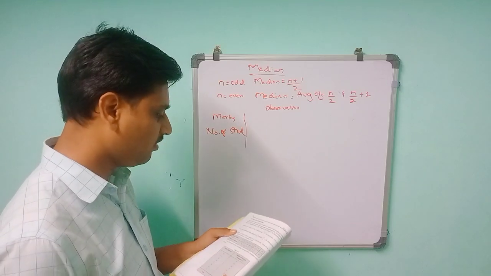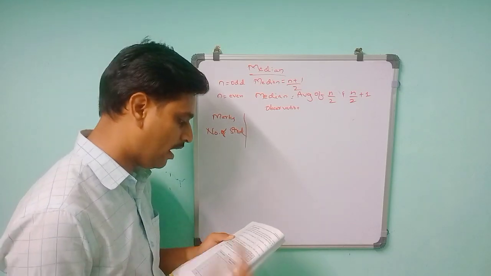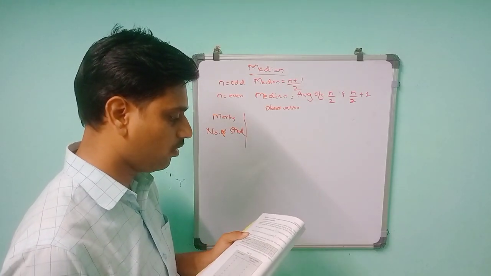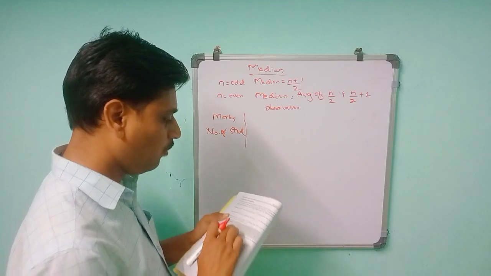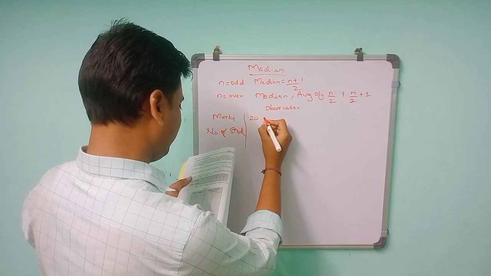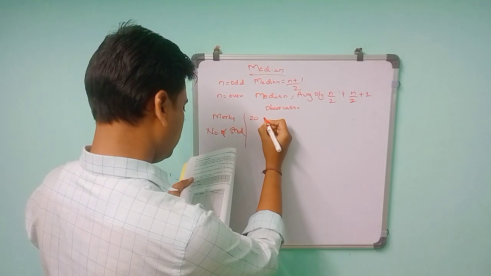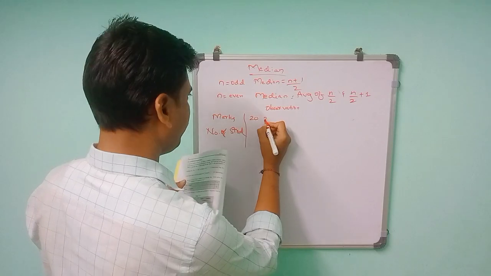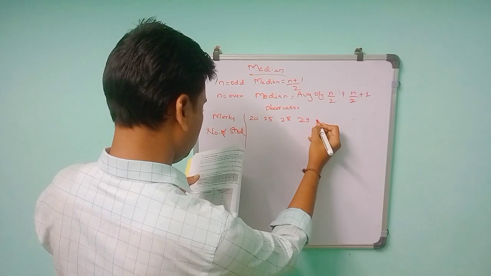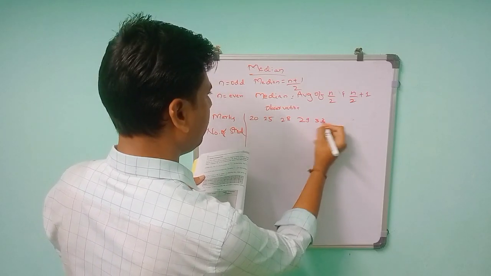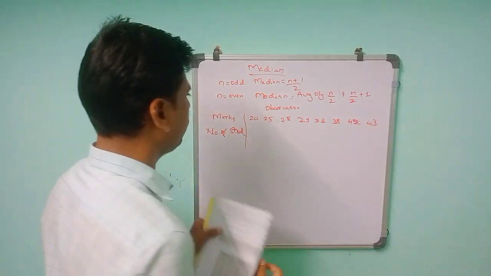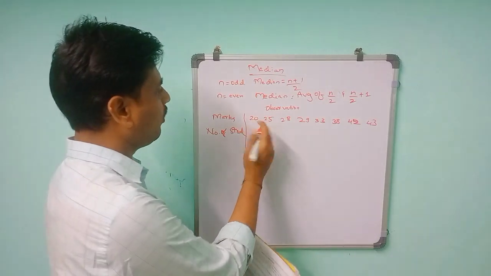In ascending order: first 20, then 25, 28, 29, 33, 38, 42, 43.